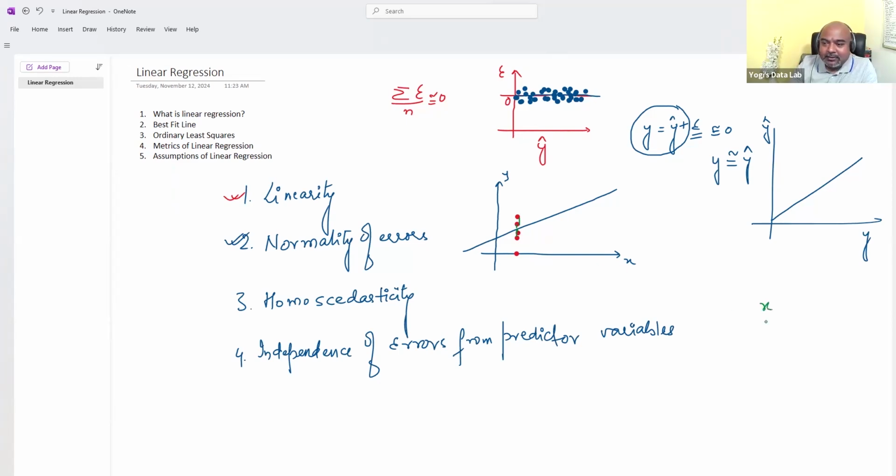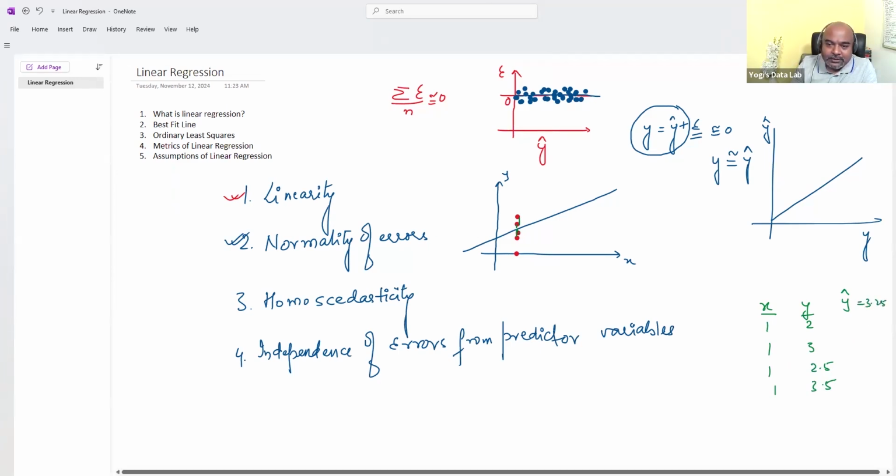Let's say x is equal to 1, where actual y is 2; x is 1, y is 3; x is 1, y is 2.5; x is 1, y is 3.5. And you end up predicting y cap as 3.25. So this is the same situation. For x is equal to 1, I have different values of y, and I have my errors because I have predicted it to be 3.25.